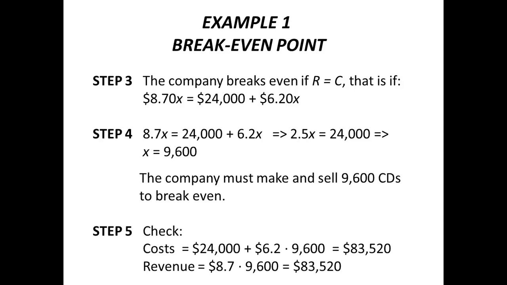Using the properties that we developed in 1.1, we add and subtract from both sides of the linear equation and then divide through by 2.5 in order to yield a solution of 9,600. Therefore the company must make and sell 9,600 CDs in order to break even. If we check this in our original equations, we see that it yields $83,520 for both cost and revenue.